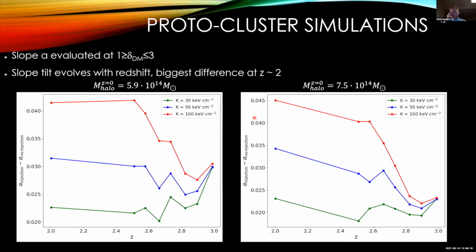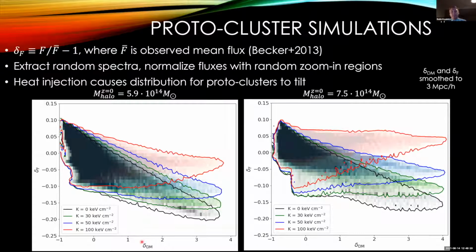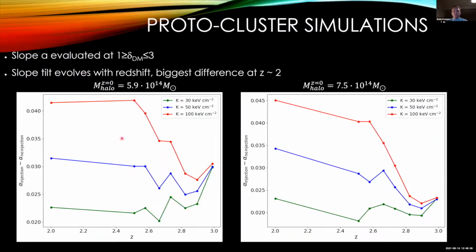So we can measure the slope on the delta dark matter from 1 to 3 in this plot, and plot the difference between the two as a function of the redshift. And we see that there's an evolution in the difference from no injection of entropy. So this is the slope between 1 and 3 in dark matter density, in the case where you have injection, minus the case where you have no injection.